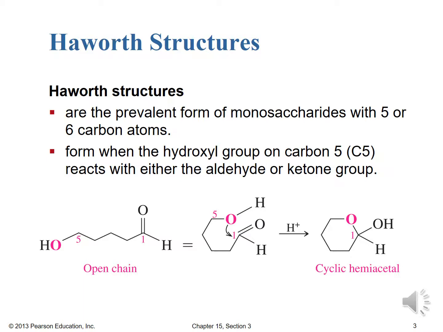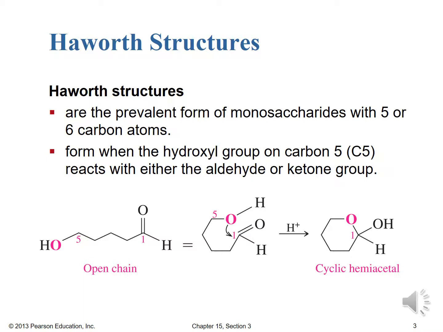They form when the hydroxyl group on carbon 5 reacts with either the aldehyde or ketone group of the aldohexose or ketohexose or aldopentose or ketopentose, depending on if we're talking about a 6 or 5 carbon sugar. So we show the open chain form.